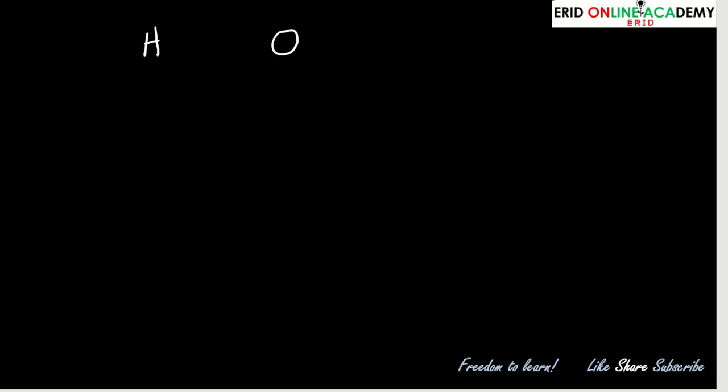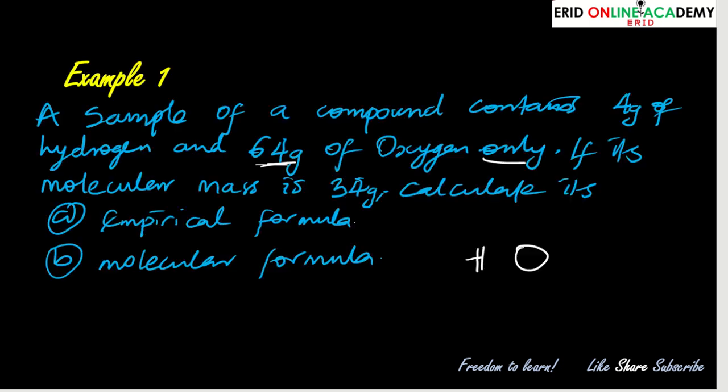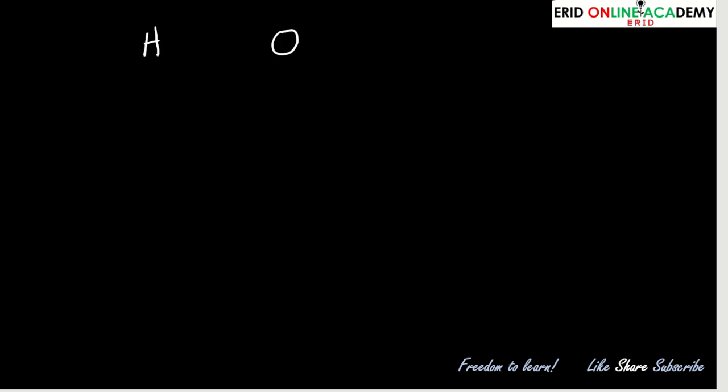If you go back to the question, you also need to find out the masses of the elements given. In this case, we are given 4 grams of hydrogen and 64 grams of oxygen.